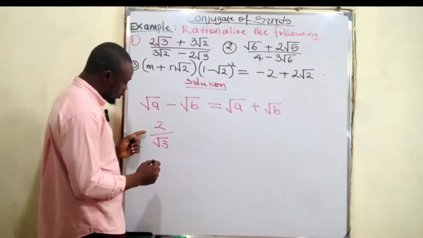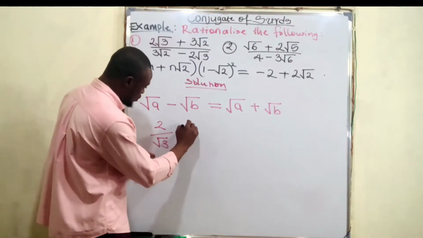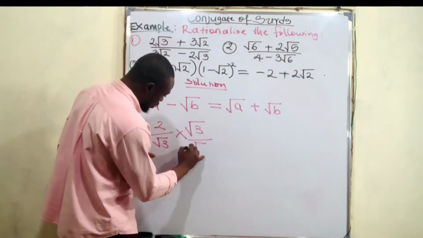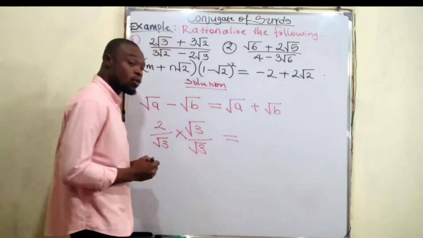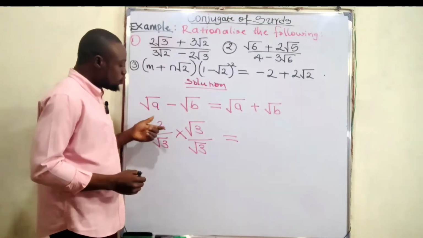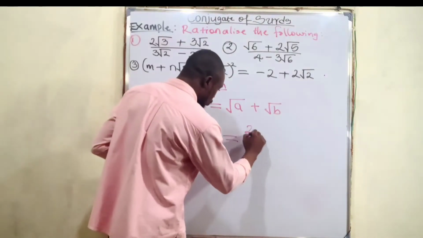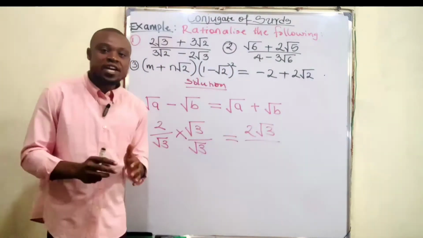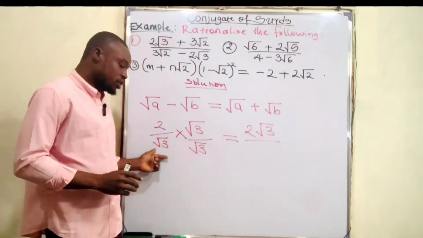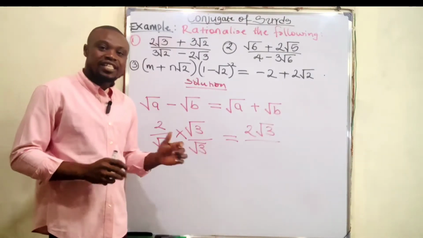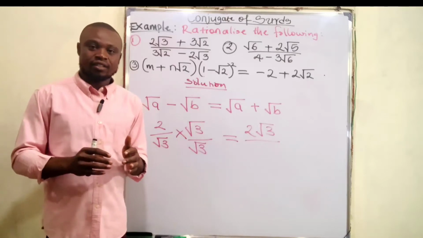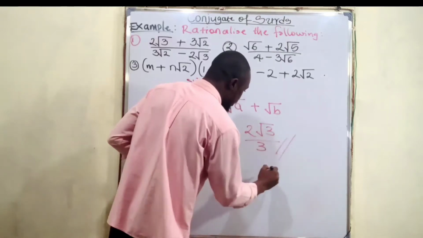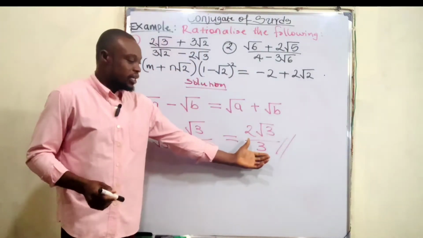So 2 divided by root 3 times root 3 divided by root 3. This is now equal to 2 root 3 divided by, now very important, root 3 multiplied by root 3 is equal to root 9, and root 9 is equal to 3. So this is now 3.